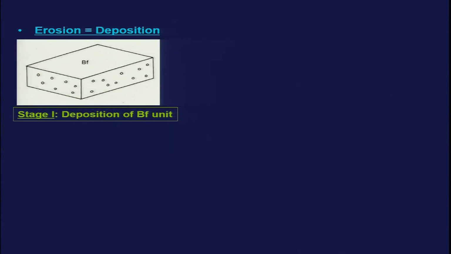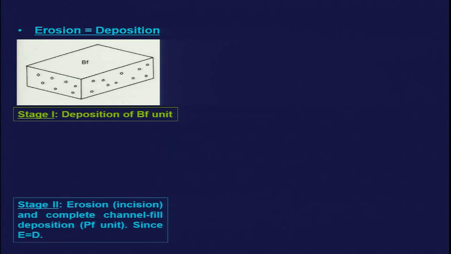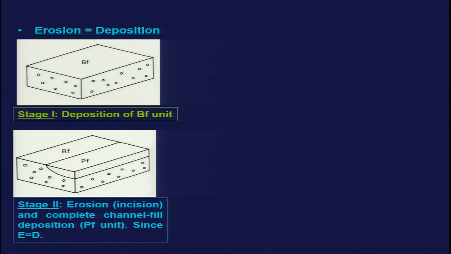Now, let us take the example where the erosion is equal to the deposition, okay. Now, in this case again we will deposit the BF surface or the BS material unit, and then we will have the erosion. So, erosion is leveled by the deposition, because we are taking the scenario where erosion is equal to the deposition, okay.